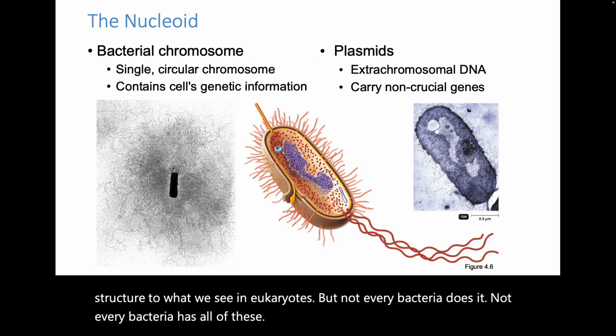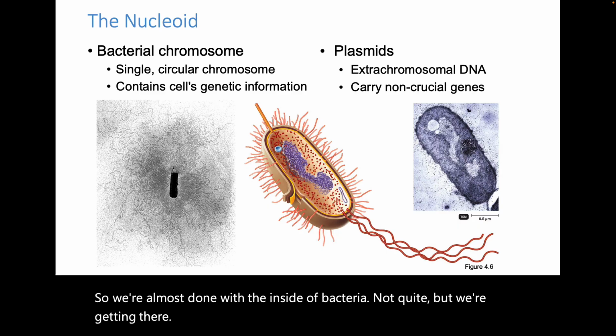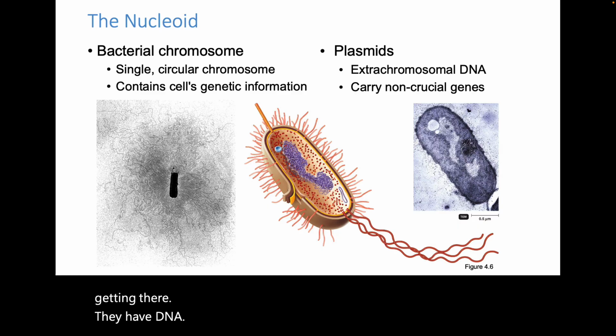So we're almost done with the inside of bacteria. Not quite, but we're getting there. They have DNA. Remember, this is another one of those differences between prokaryotes and eukaryotes.